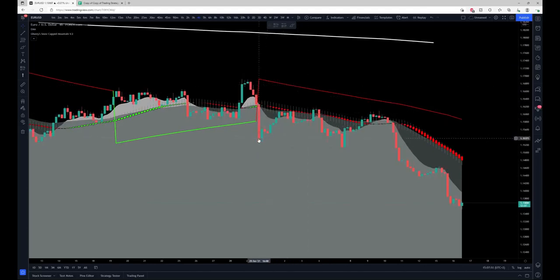You get this entry right at the bottom here while price is extended, and then it pulls back right after that. So that's why this doesn't really work as a good entry indicator, is often you get in while price is already extended if using this as an entry indicator. I recommend using it as a trend direction indicator and also a place to find good entries.